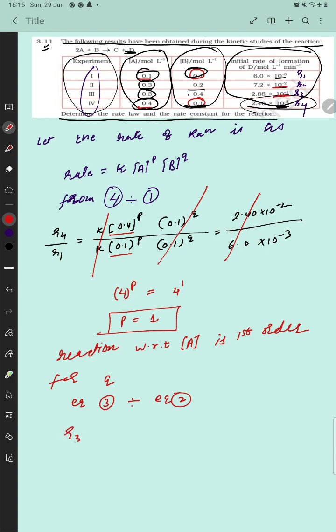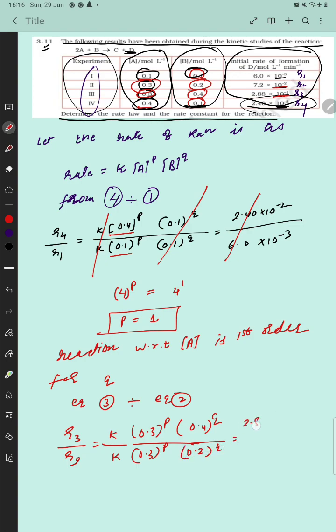So R3 by R2 is equal to K, and the A concentration in case of R3 is 0.3 power P, and in R2 the constant 0.3 power P. Now in case of B, it is 0.4 power Q in R3 and 0.2 power Q in R2. For the rates we write 2.88 into 10 power minus 1, and 7.2 into 10 power minus 2.